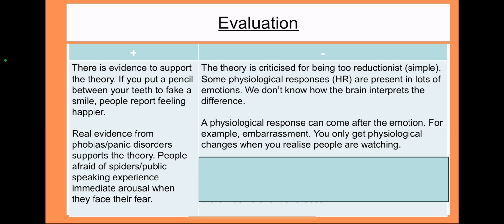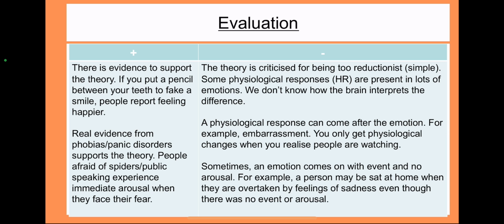But then when you stand up and dust yourself down and you look around and you realise that 10 people are looking and pointing at you, that's when you go quite red and your heart rate shoots up. So that's a case of the physiological arousal actually coming after the emotion. So there's an example of an emotion that doesn't quite fit the theory. So you can challenge the theory there.